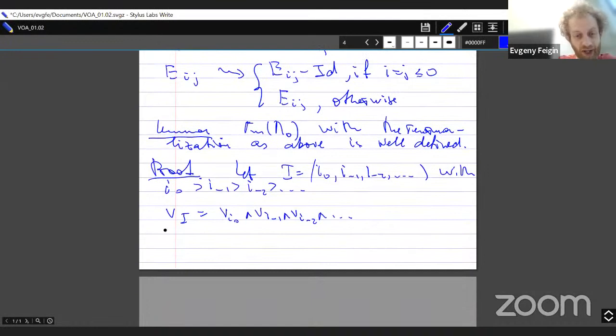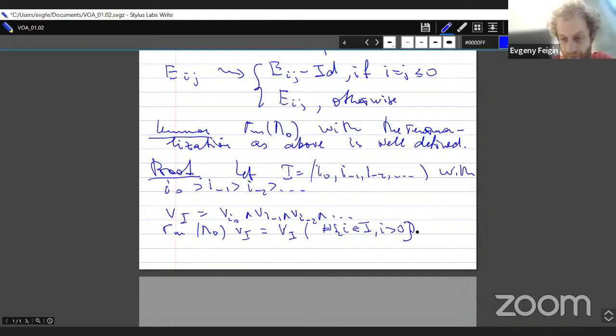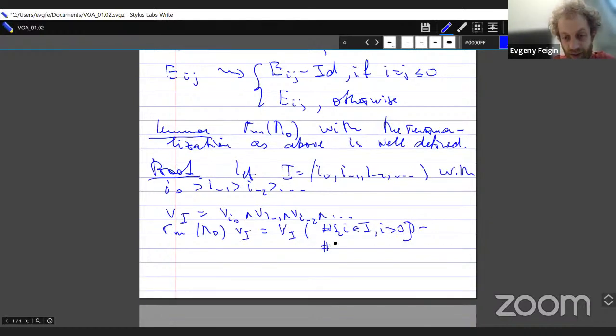And then I claim that Rm of lambda naught applied to Vi is Vi times the following quantity, which is the number of i in I, i strictly positive, minus the number of i not in I, where i is less or equal to 0.